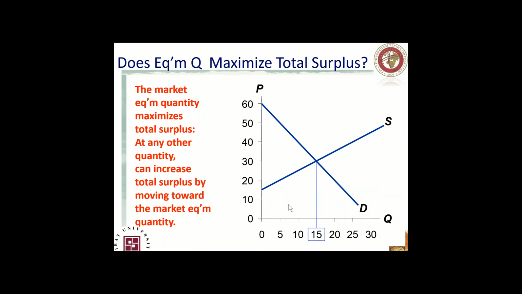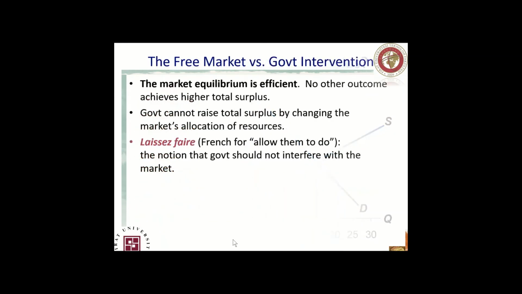Those who produce the goods and services are the ones who can produce them with the lowest cost, and the ones who consume or buy them are those who value them most. Okay, and that's exactly the idea of having a free market without interference from governments or any central authority.